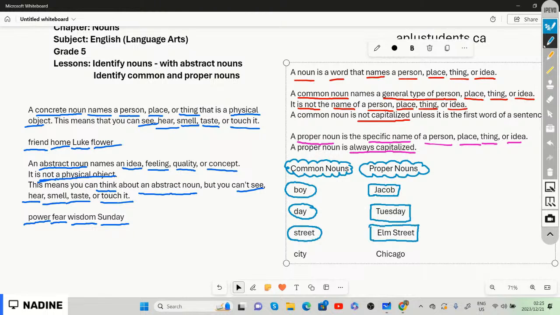It's like saying we are going to meet up in Elm Street. So proper nouns are where we are specifying either the person's name, a specific place, a specific day, a specific month, right?